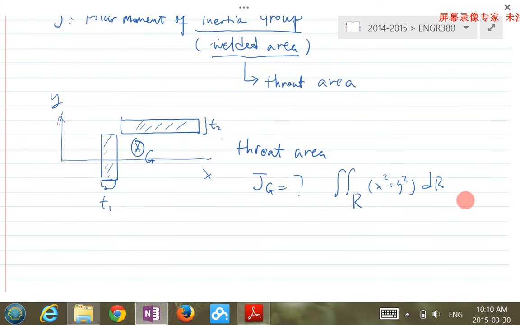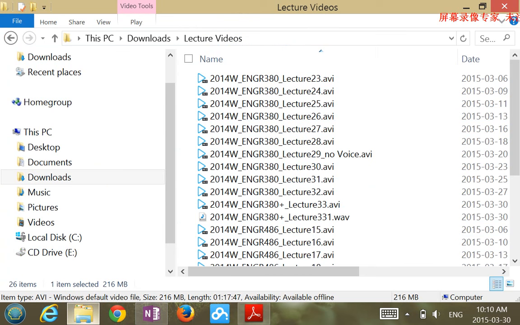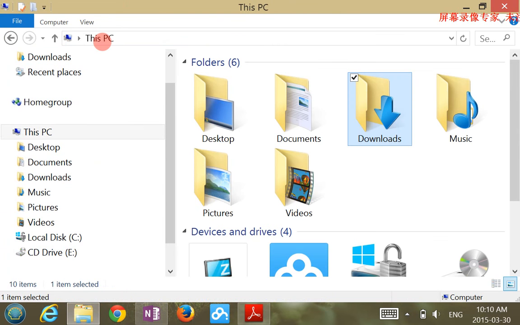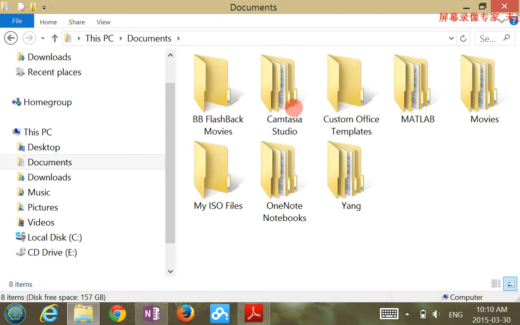I'm not going to ask you to calculate the double integral here. What we're going to do is make use of a table from our textbook to make the calculation faster. So here is the table I'm talking about.